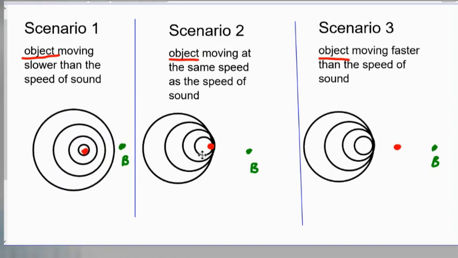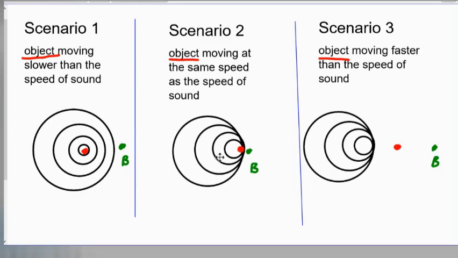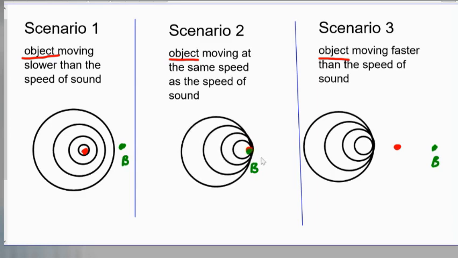Our second scenario is that the airplane here in red is going at the speed of sound. So it is right at the crest of these waves that are all packed together. And what's going to happen is just as the airplane passes that person at point B, all the waves, and this is significant, all the waves are going to hit at once.